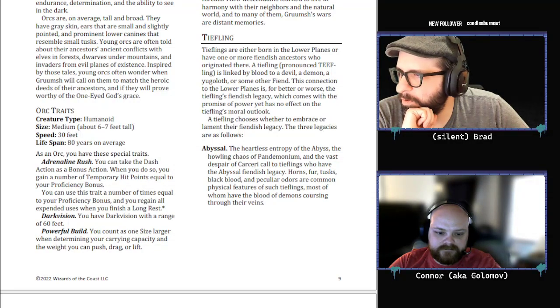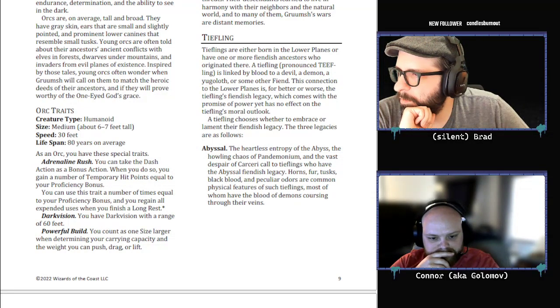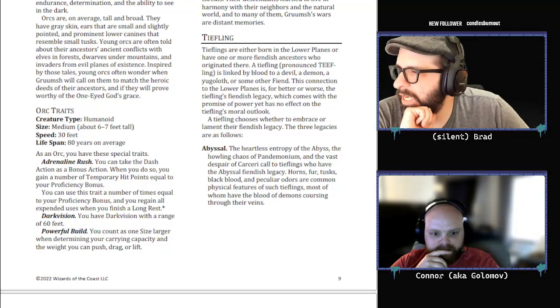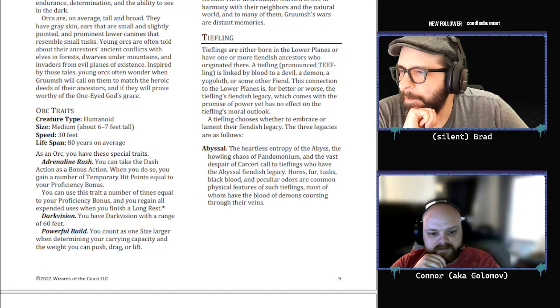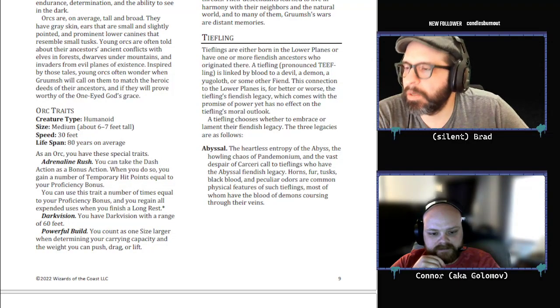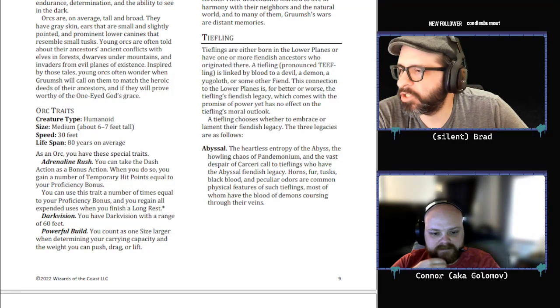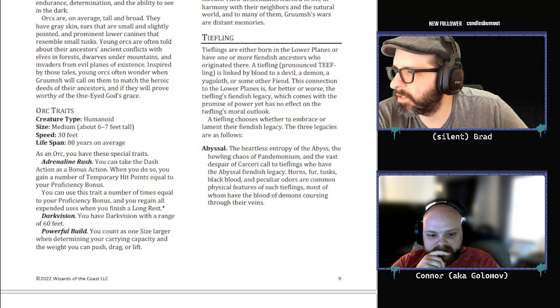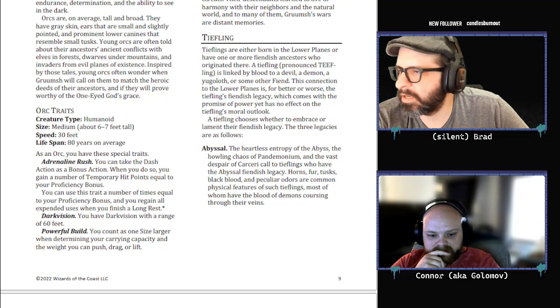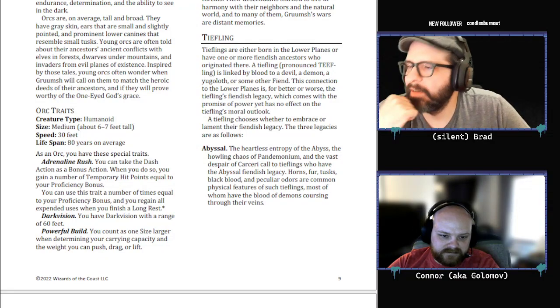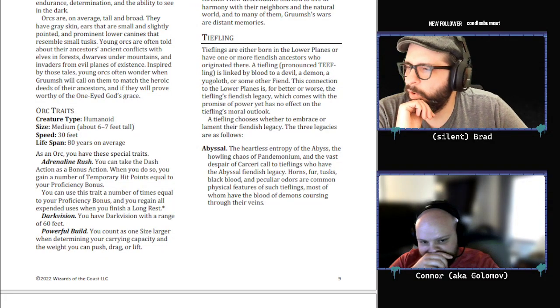So dash is a bonus action. Now when you do so, you gain temp HP, which was there before. And now you can do this a number of times equal to your proficiency bonus per long rest, which was there before. So they're basically just shifting around the wording into a different order.